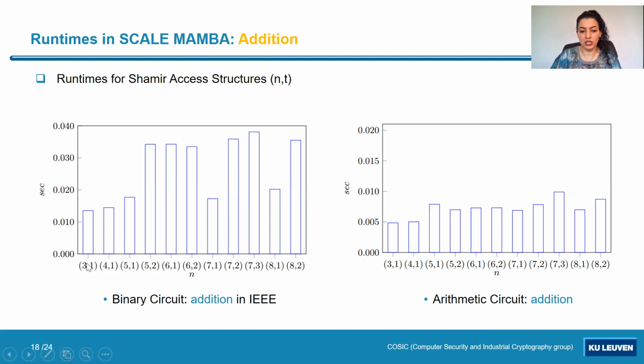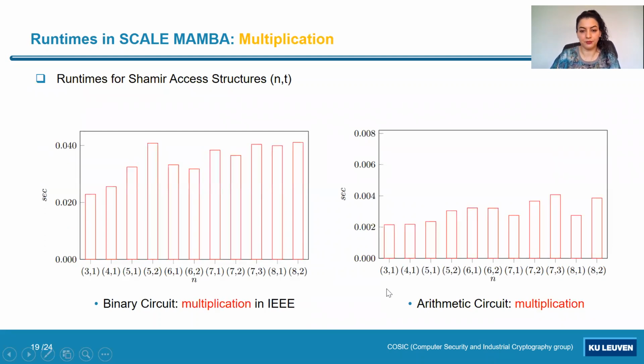So we can see that in arithmetic circuits we are still far better than binary circuits, I mean mod 2 words. So this motivated us to construct a conversion which can convert from this word to mod P word and to the other representation.